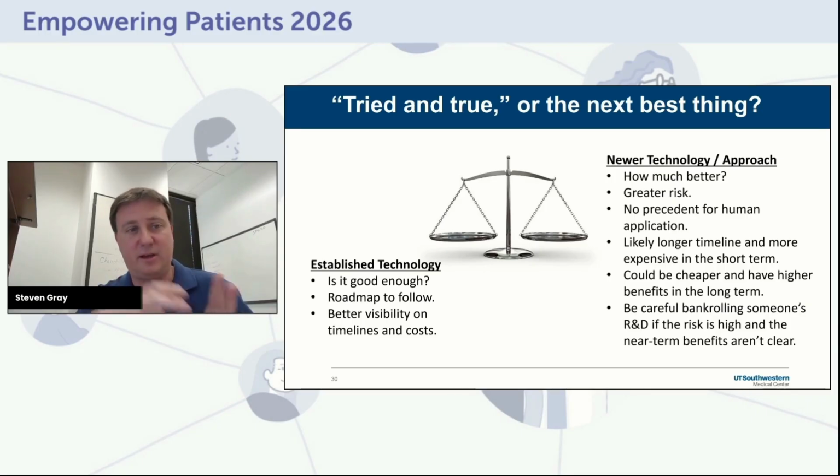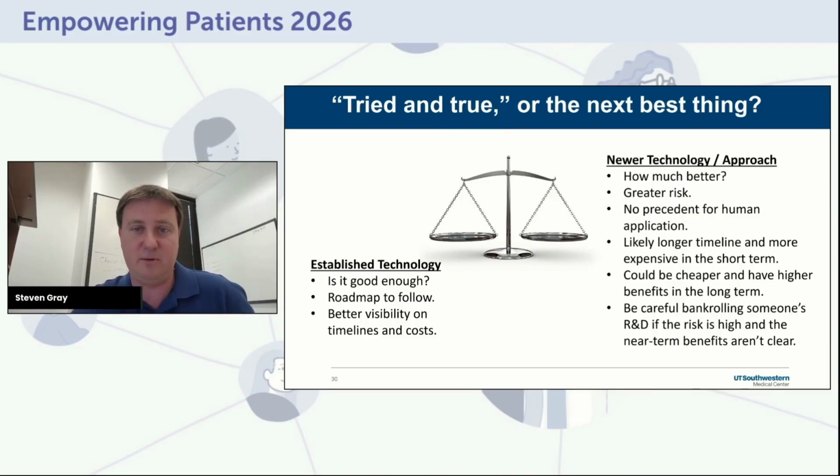But if the technology looks very promising, then it could end up being a cheaper treatment or have higher benefits in the long term. And so, long-term outlook, it might be worth investing in some of these things. And I'd just say, be careful.